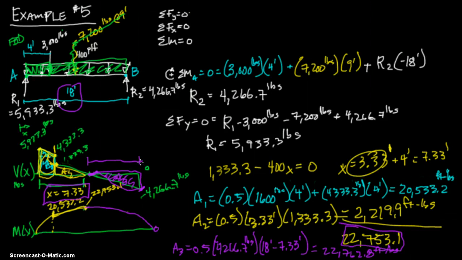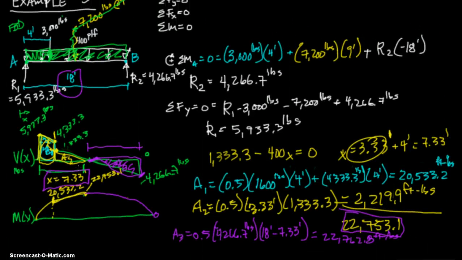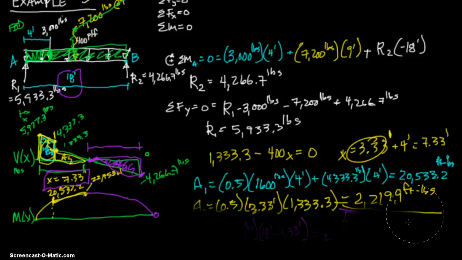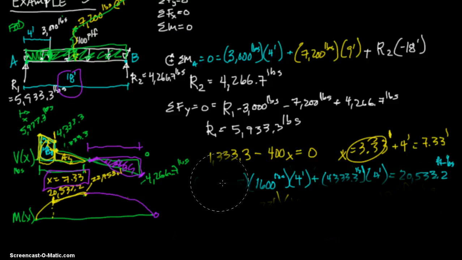All right, now let's work on some intuition. What I'm going to do is I want to figure out other ways to find this max positive moment, or at least to check it.